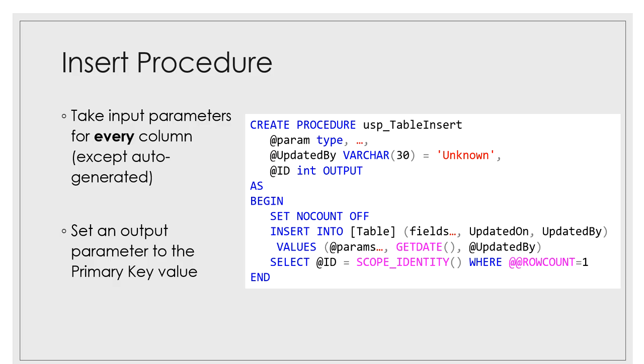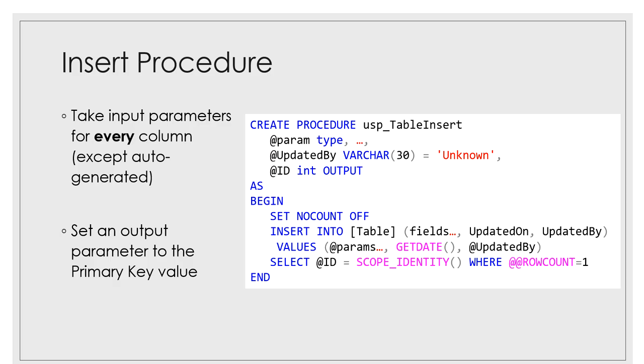For updated on, we'll usually just use something built in, like getDate, which returns the current system date and time on the server. So that'll automatically say, okay, this was updated, and that's the best way to do it, based on the clock on the server itself. And then our updated by value, which could be a parameter value, a real one passed in, or our default of unknown, right? And that will finish the insert.